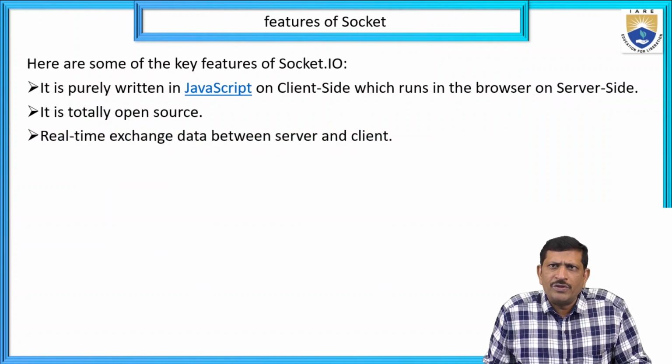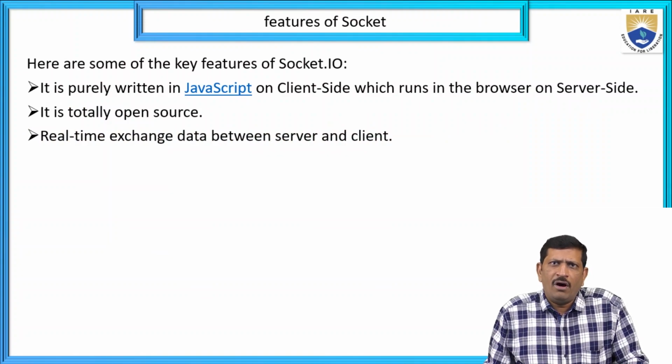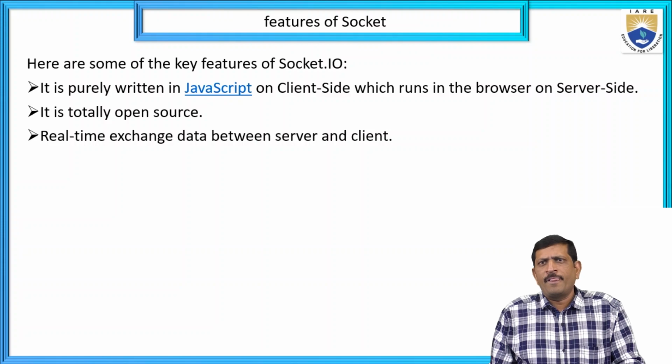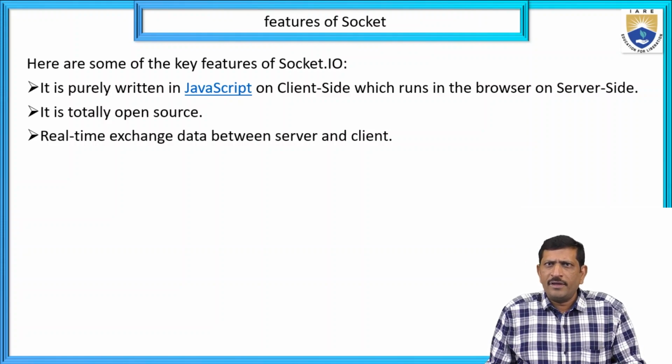Some of the key features of sockets: here it is written in JavaScript. Any language can be used, not only JavaScript; we may write in Python, C, C++, any program. But here we are writing JavaScript on the client side, which runs in the browser, and on the server side. The JavaScript implemented at the server side can be written on the client side too.